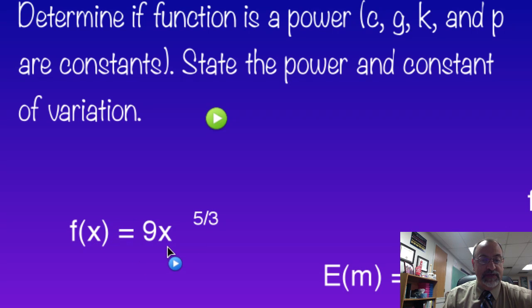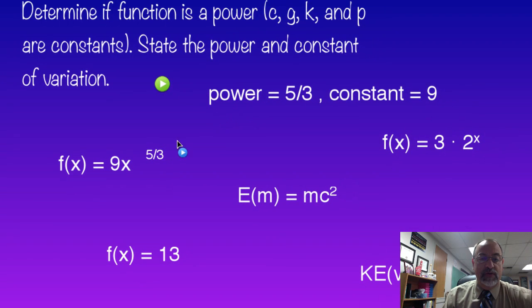So here I find x, so is this a power function? Yes, because x has a power to it. The power of the function is the a value, so 5/3, and the constant of the function is this number that's in front, 9. So yes, this is a power function. The power of this function is 5/3, and the constant is 9.